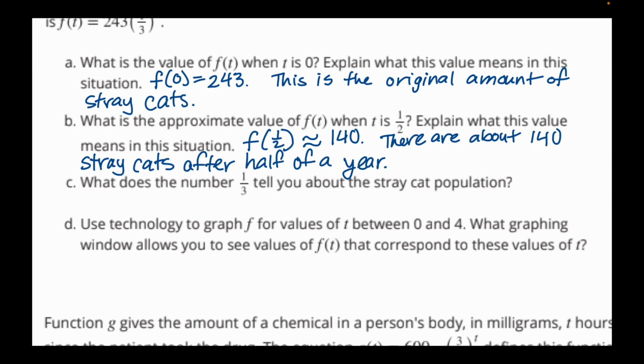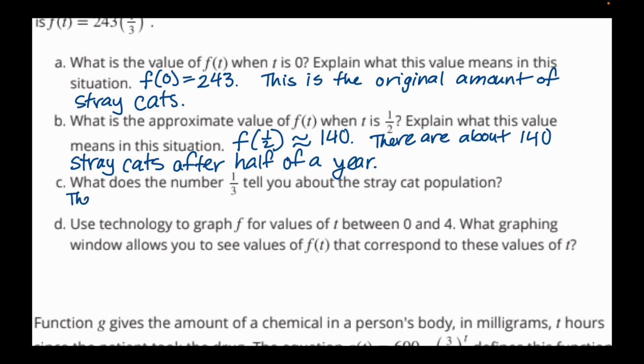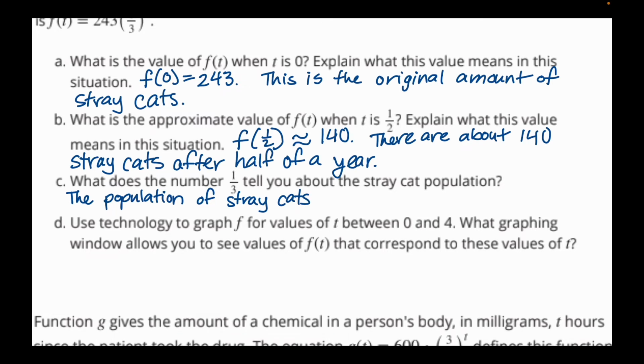Now, we could say it's decreasing by 2/3 each year, and that would be sort of like the 1 minus 1/3 idea.